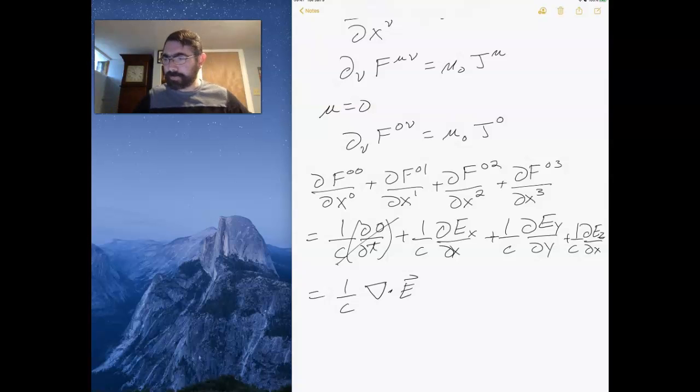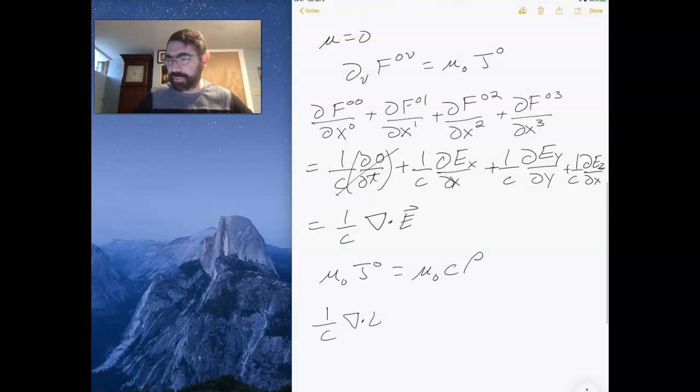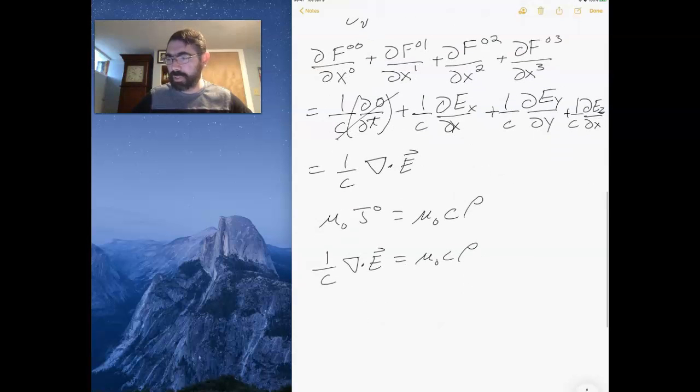Okay, on the right-hand side, I have μ0 j^0, which is μ0 times c times the charge density. So when I put them all together, I get 1 over c times the divergence of E is equal to μ0 c ρ.